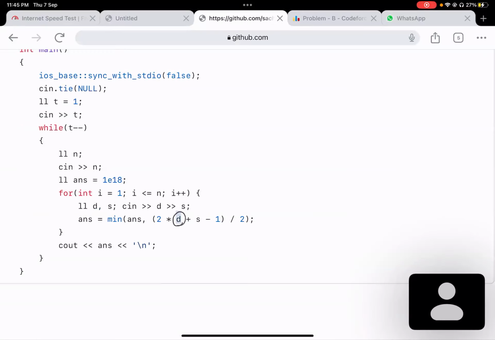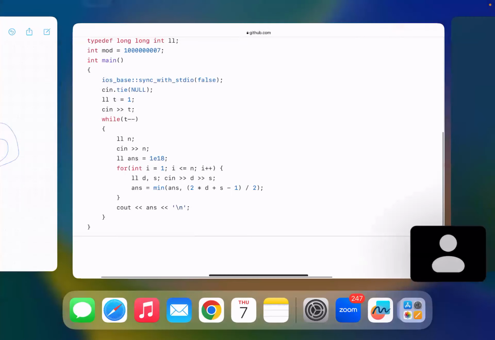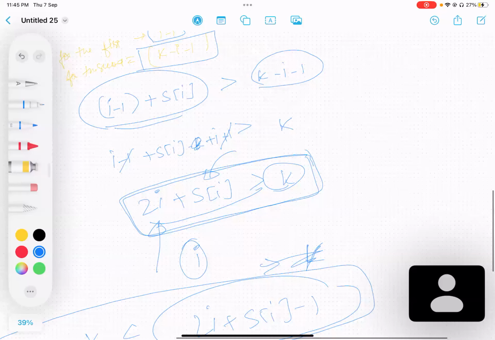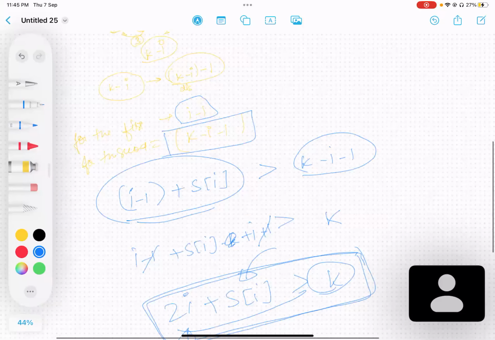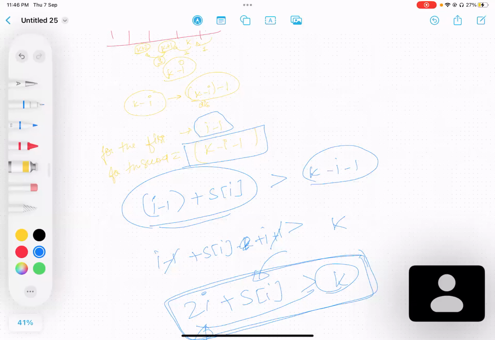So 2 times index plus s of I. And I think there was 2k here, right? S of I plus k minus 1 second time. I think we missed something here.